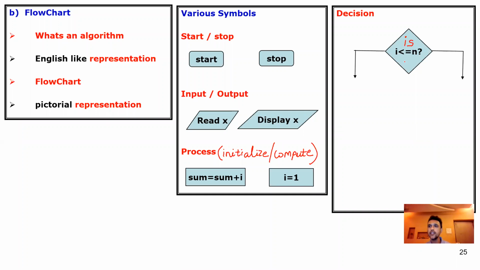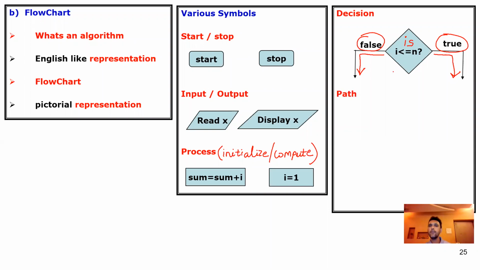And these 2 exit points will be true or false. So if this condition is true, we will do one thing. And if this condition is false, we will do another thing. Okay, you could have written true over here and you could have written false over here. It's okay, that does not matter. Okay, so every decision will have 2 exit points.